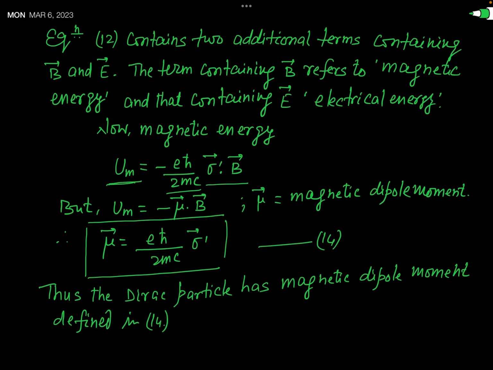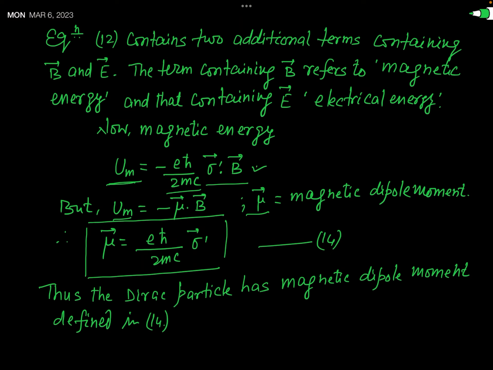This is actually studied in classical physics, even at the +2 level. The magnetic energy is given like this, UM equal to minus mu dot B, where mu is called the magnetic dipole moment.